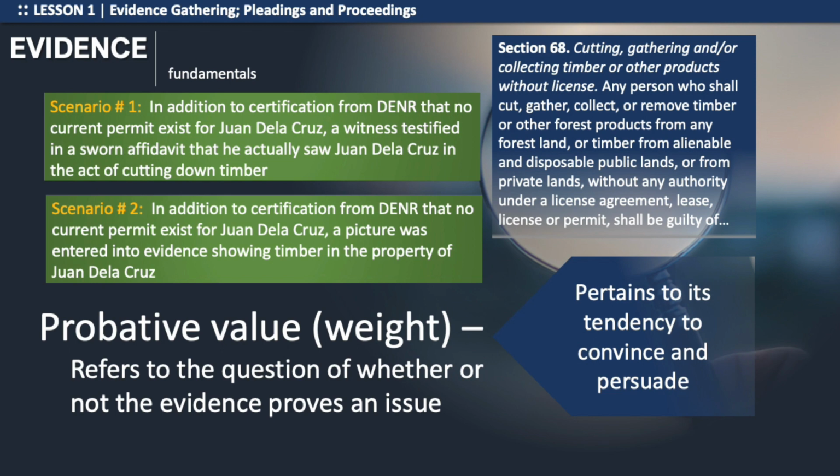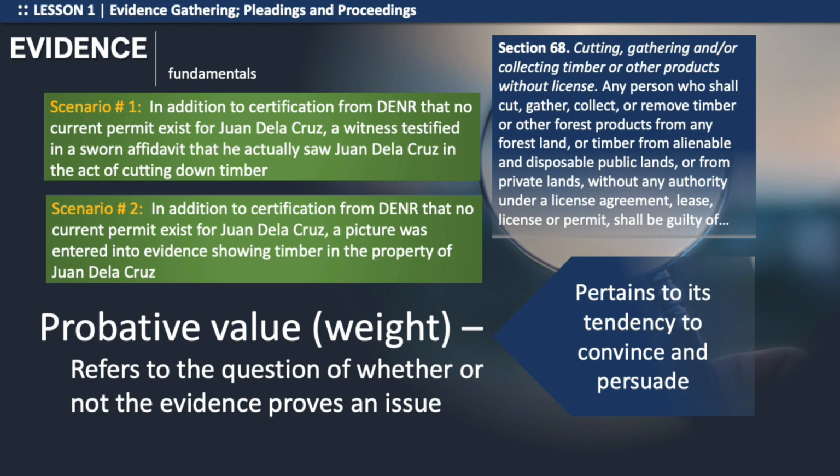Now, let's think for a minute about probative value. We said probative value refers to the question of whether or not the evidence proves an issue. So the issue is whether or not Juan de la Cruz gathered timber without a permit, right? The without the permit part we already know. That's proven from the certification. But how about the gathering?